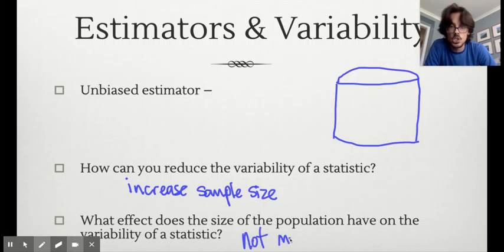Not much of an effect. Increasing sample size, definitely. Bigger scoop means we'll be more similar. Increasing size of the tub, like this tub is just as good as this tub, it's not that big of a deal. Okay? So really useful analogy to wrap your head around a kind of hard concept.